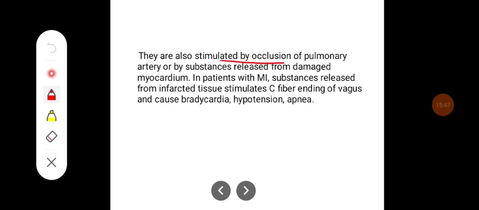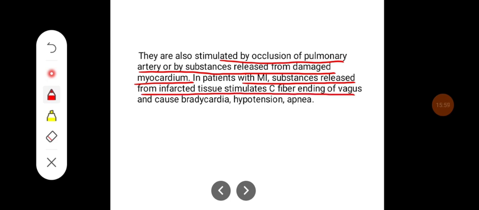They are also stimulated by occlusion of the pulmonary artery or by substances released from the damaged myocardium. In patients with myocardial infarction, substances released from the infarcted tissue stimulate C fiber endings of the vagus and cause bradycardia, hypotension and apnea.